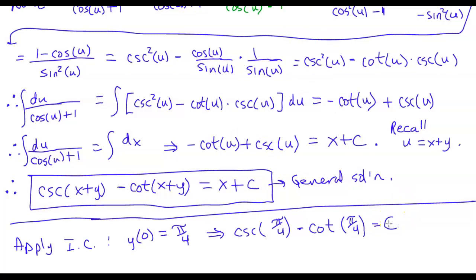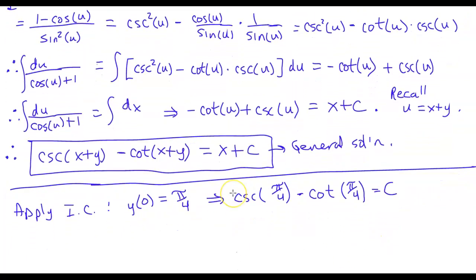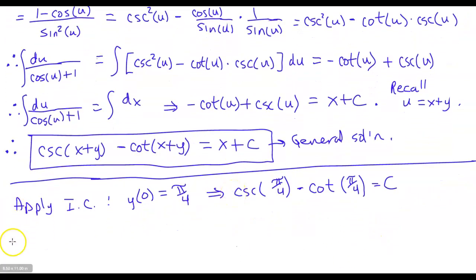All right, so now at this point, all we need to do is evaluate cosecant of pi over 4 and cotangent of pi over 4. If you don't recognize what this is right off the bat, that's fine. We'll go ahead and translate this into things that look a little bit more familiar. So cosecant is the same as 1 over sine. So we got 1 over sine of pi over 4 minus cotangent, which is the reciprocal of tangent.